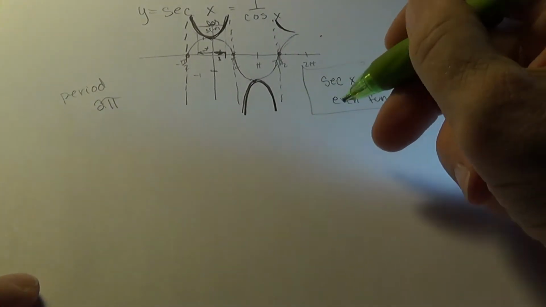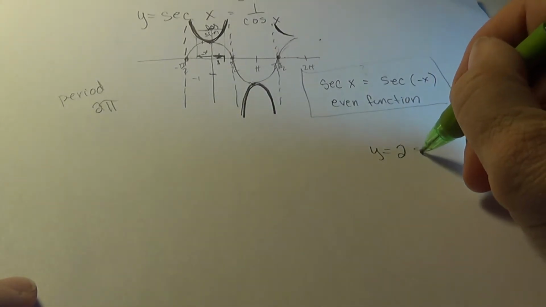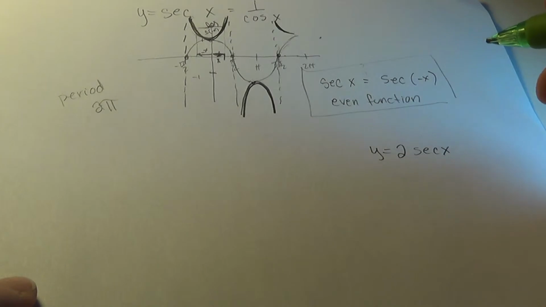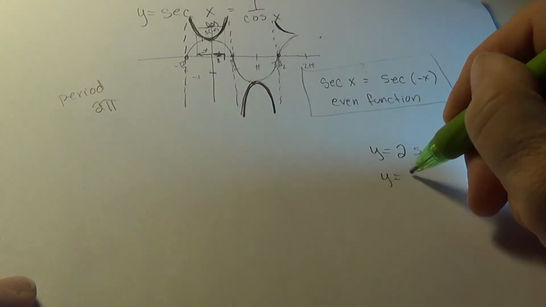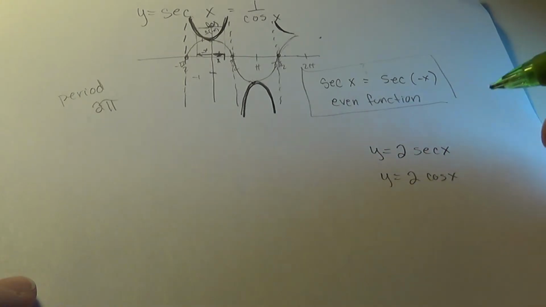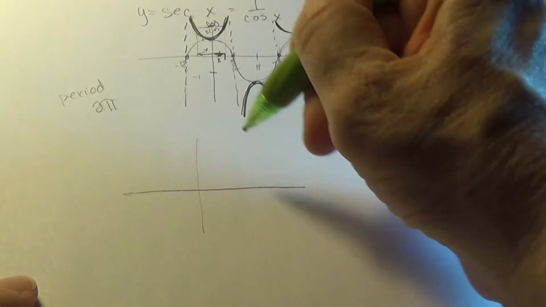All right, how would you graph y equals 2 secant x? In order to do that, you will have to graph y equals 2 cosine of x, and then fill in the opposing U's.